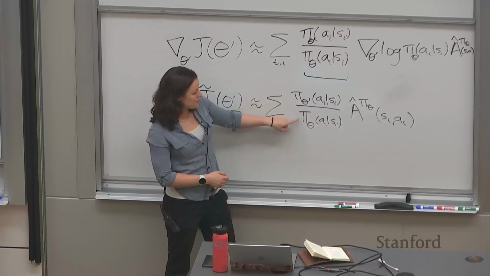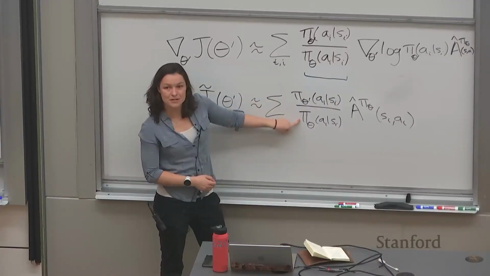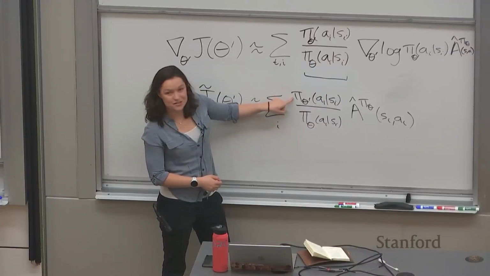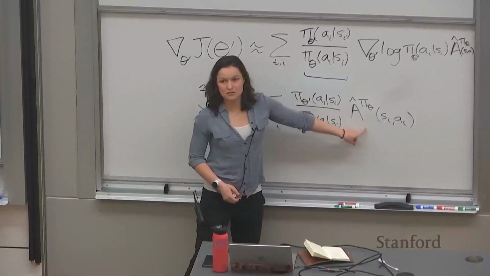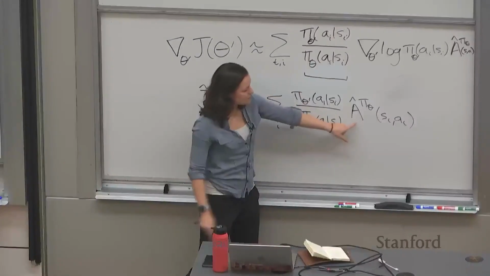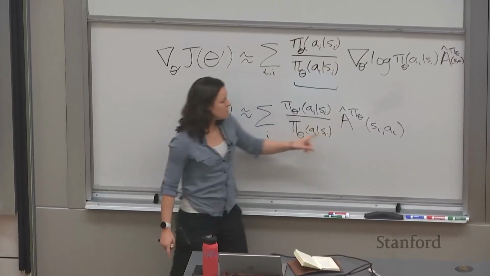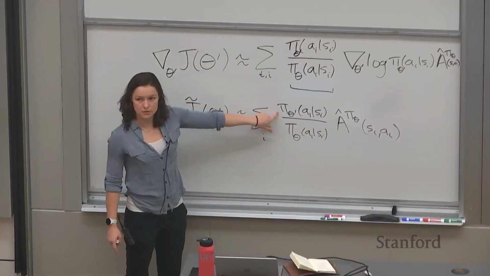Especially if there are actions that had very low probability, we want to increase this a lot so that we get a very high ratio here, increasing the likelihood of actions for high advantages, and for negative advantages, we'll want to decrease the probability.